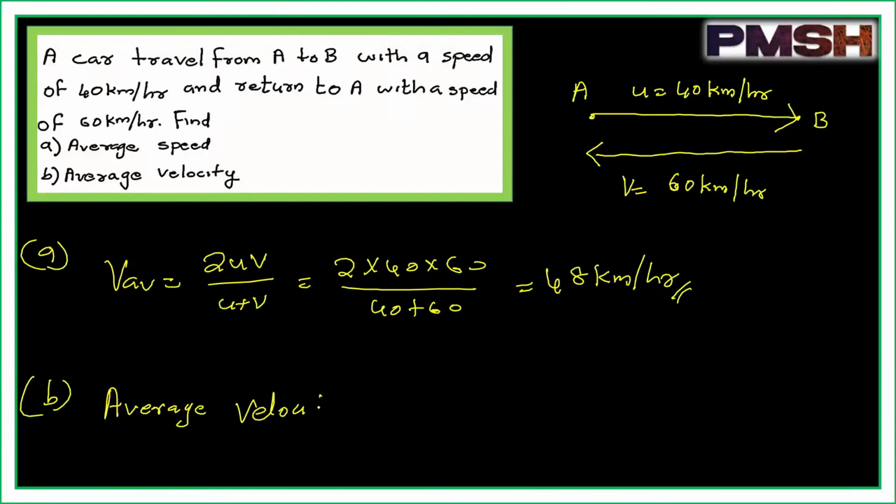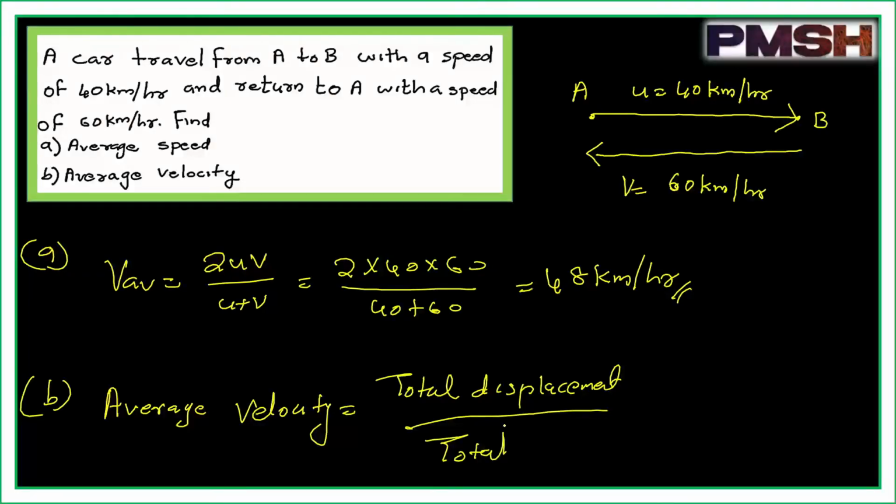Average velocity is total displacement by total time. See the total displacement. In order to get the value of displacement, we must know what the initial position and the final position are.